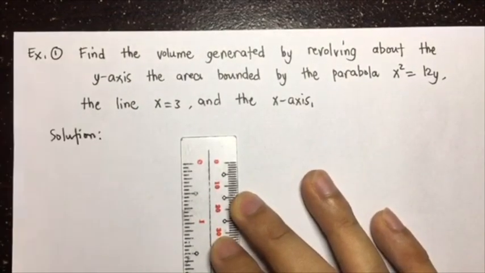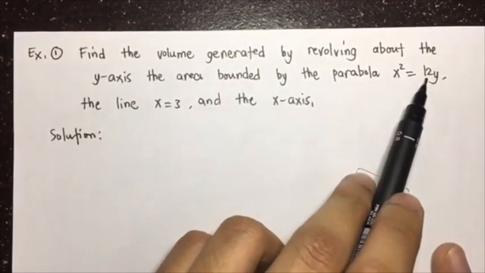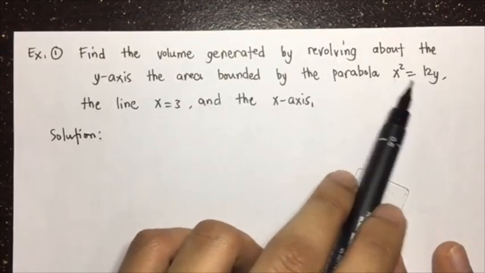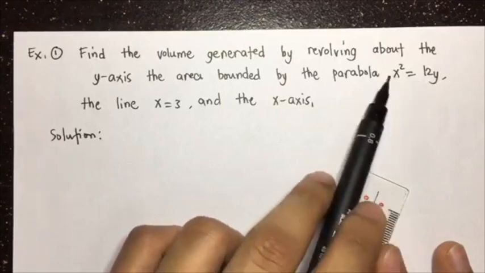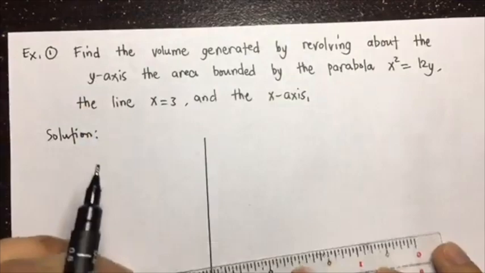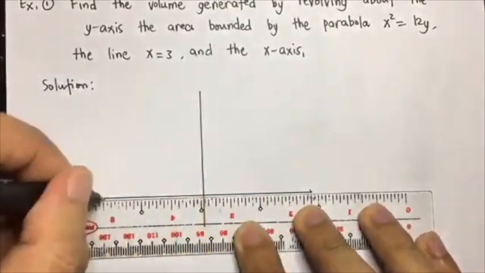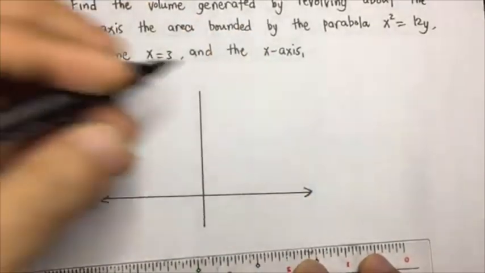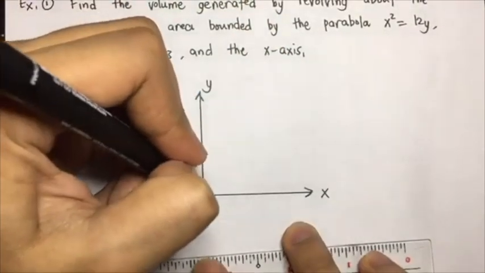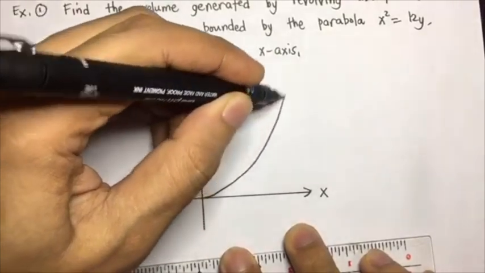First we have here a parabola, x squared is equal to 12y. This is a parabola opening upwards, like that.